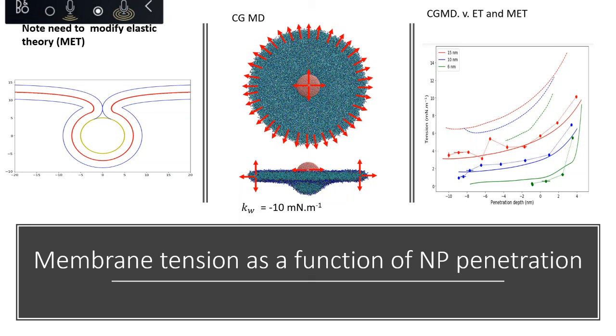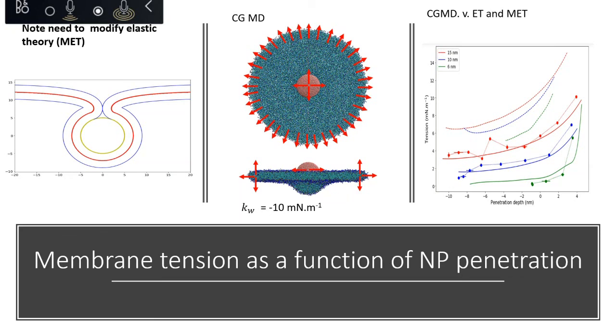So then we can measure the tension in the membrane as a function of the penetration depth of the nanoparticle. If we just use the unmodified elastic theory, we get the dashed lines for the different sizes. If we use the modified elastic theory, then we get the full lines, 15, 10 and 6, and then the simulation results, coarse-grained, are the dots.